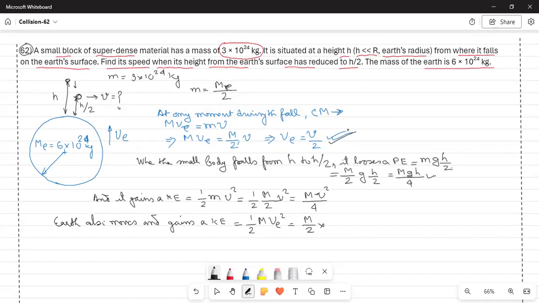Velocity of the Earth we have already found, small v by 2. So v square by 4, which is equal to capital M v square by 8, right?